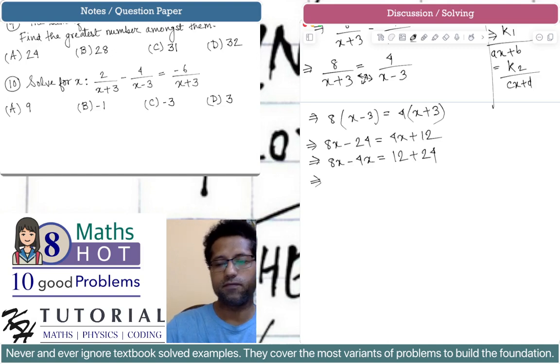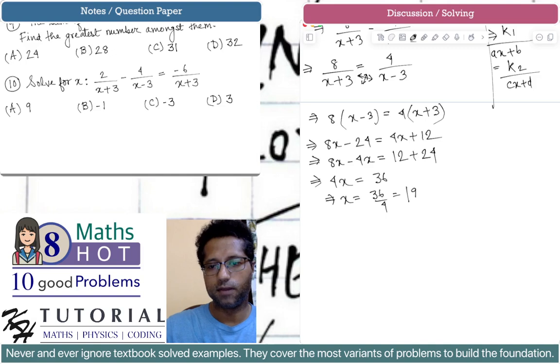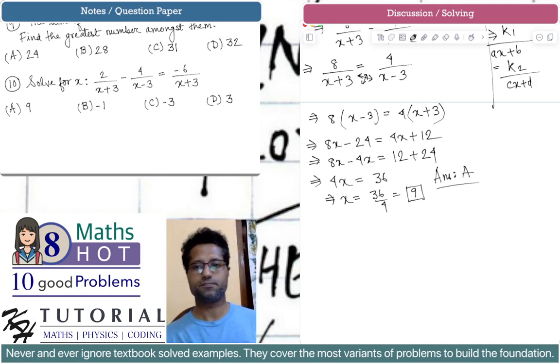Simplifying, 4x is equal to 36. This implies x is equal to 36 by 4, which is equal to 9. So the solution of this given equation is 9, and hence the correct choice is A. A is the correct choice.